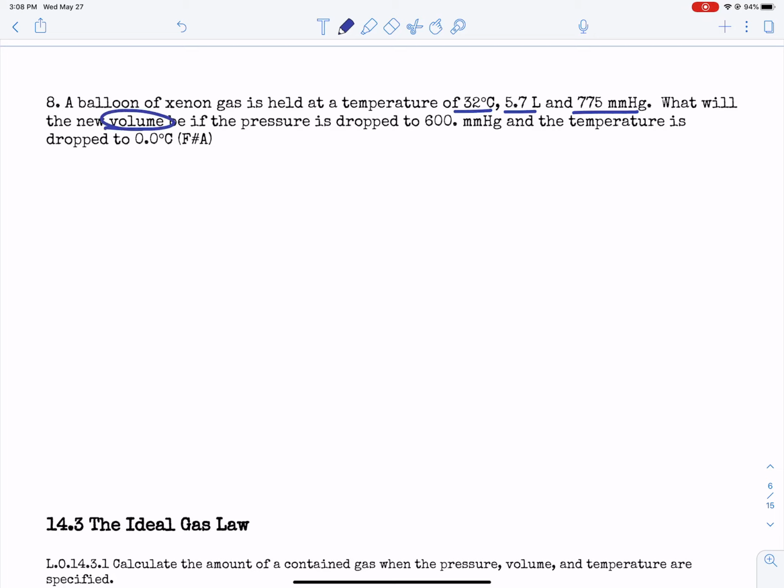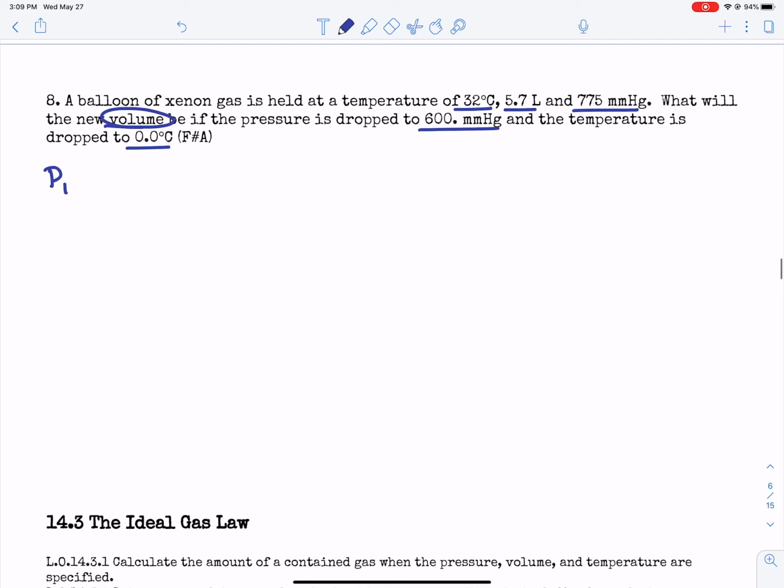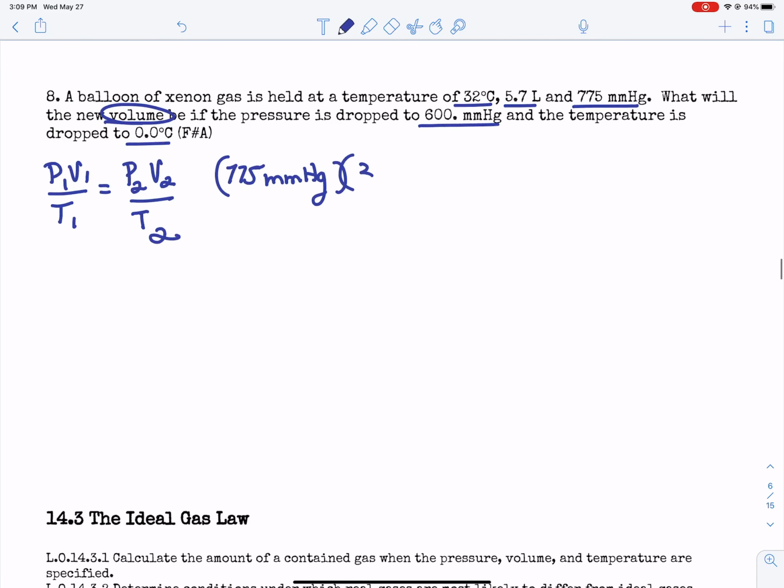What will the new volume be if the pressure is dropped to 600 millimeters of mercury and the temperature is dropped to 0 degrees Celsius? So P1 V1 over T1 equals P2 V2 over T2. My original pressure, 775 millimeters of mercury.